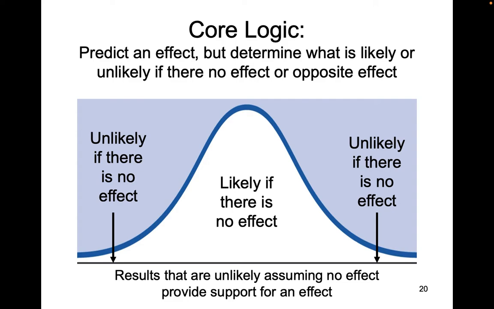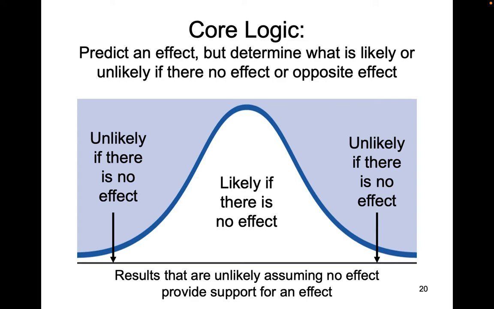We start with an effect. For example, we predict that the training will improve the exam scores. However, researchers ultimately decide whether there's an effect by determining what range of scores are likely as well as unlikely if there's no such effect at all, right?